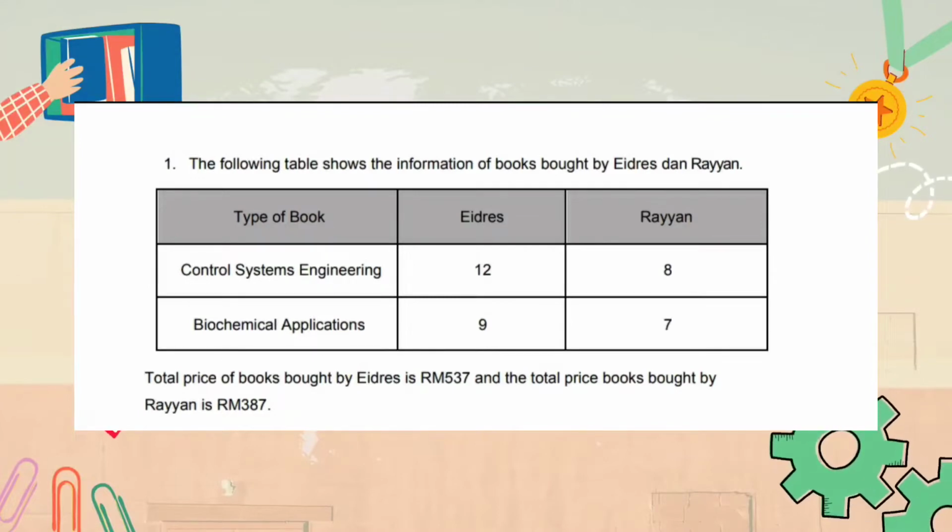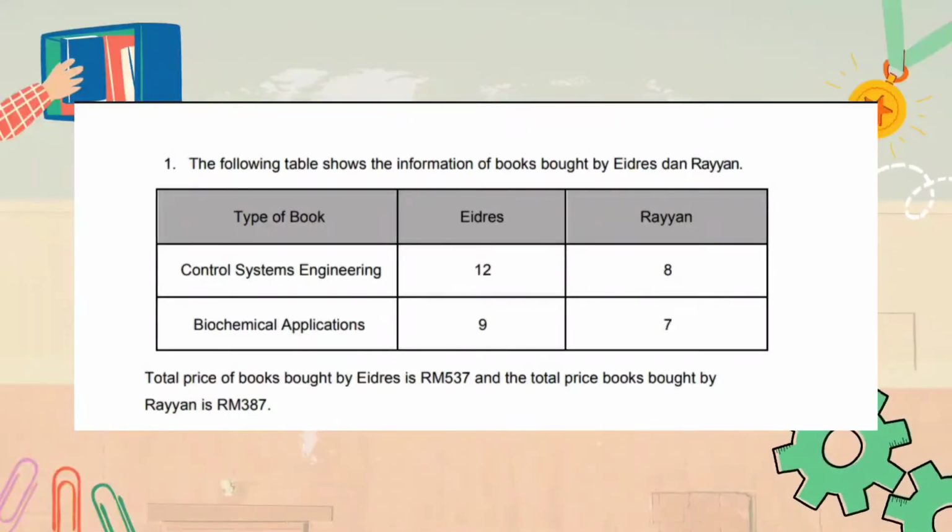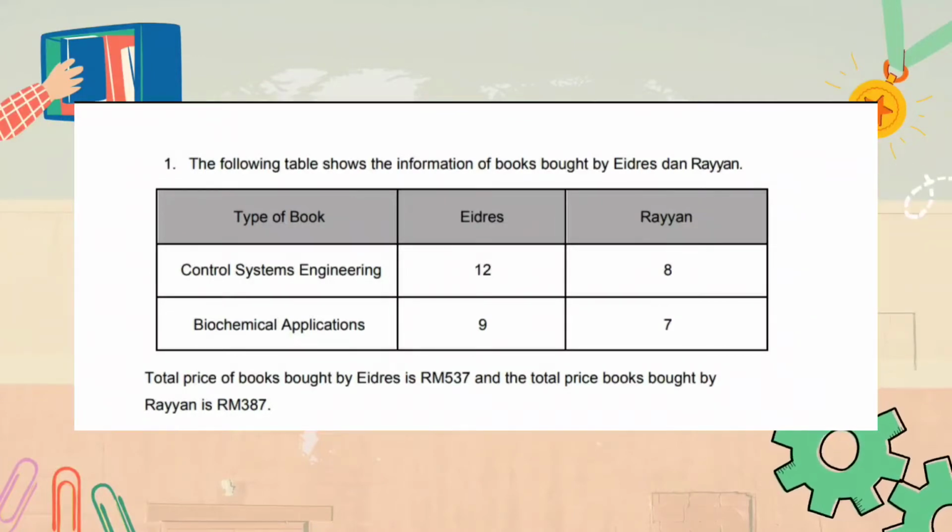The second thing is they buy 2 types of book. Elders bought 12 control system engineering books, meanwhile Ryan only bought 8. Elders bought 9 biochemical application books, meanwhile Ryan only 7.